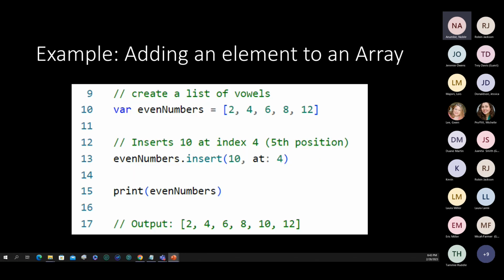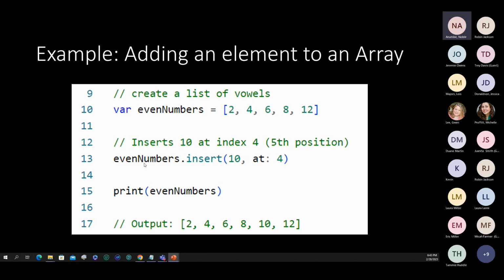So let's look at a specific example. These are my bunch of even numbers. I've created these even numbers 2, 4, 6, 8, and I remembered, oh my God, I'm supposed to have included 10 here, because the next even number is supposed to be 10, but I've already created this and I don't want to start afresh. How do I insert 10 here?